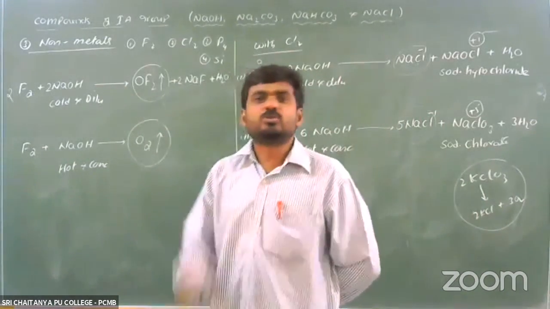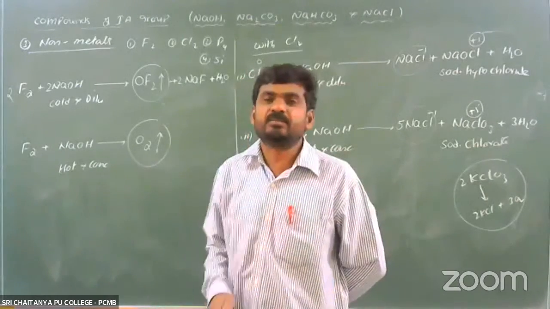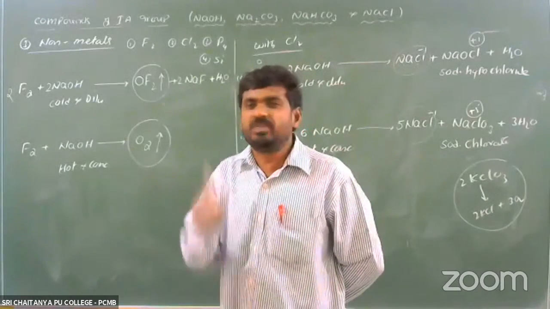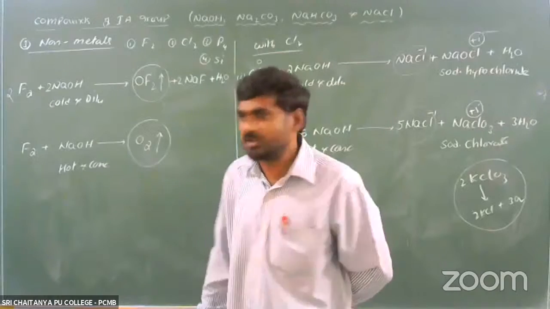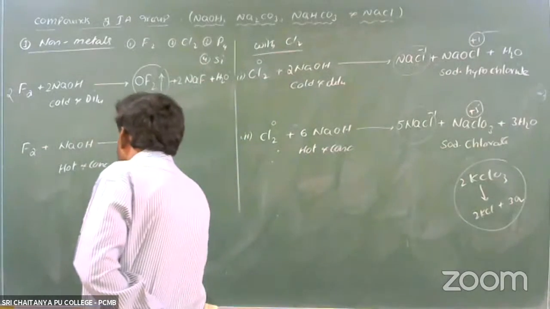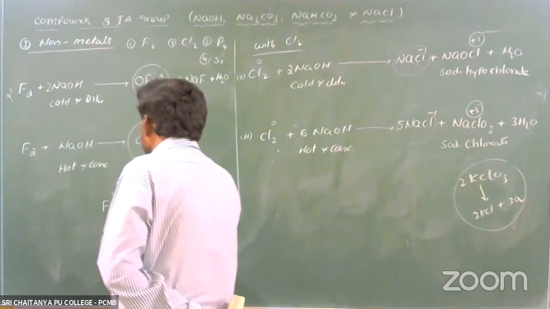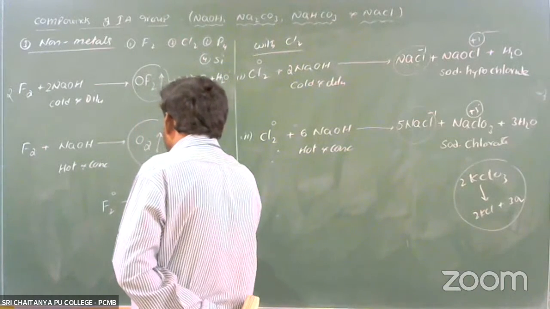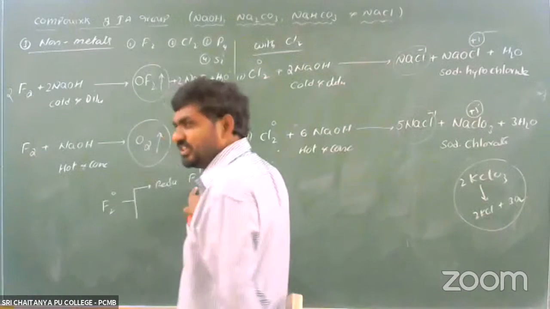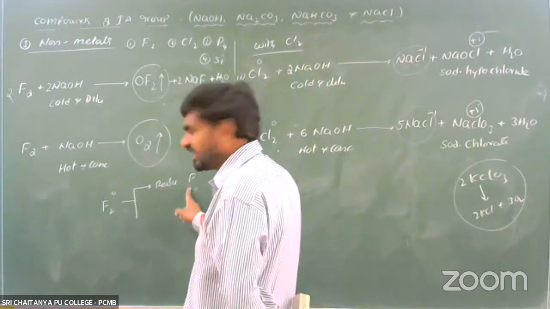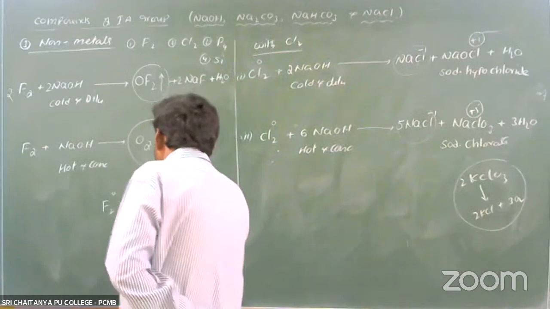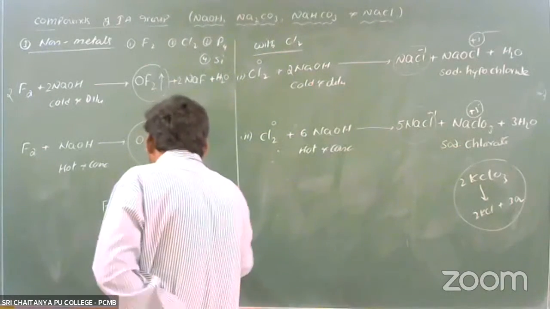Because to undergo disproportionation, the element must exhibit a minimum of 3 oxidation states. Example, take fluorine. In the molecular state, its oxidation state is 0. Reduction means it is converted into F-1. It is possible. Oxidation is not possible.